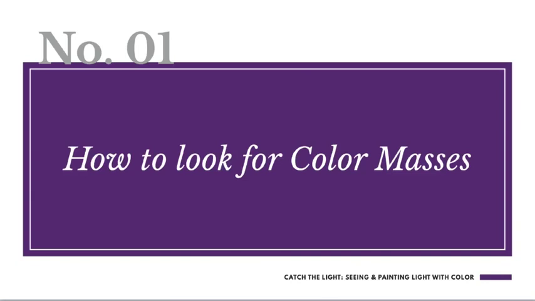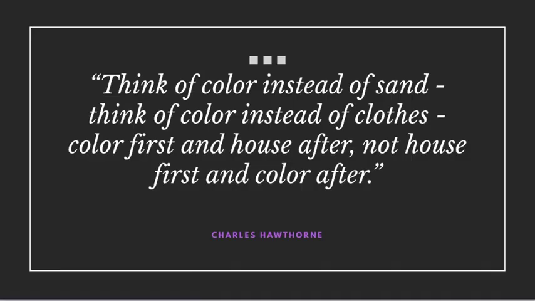Many of the cues and tips and tools to do this go back to the ones that we discussed in the introduction, learning how to see color. And I want to repeat that Hawthorne quote, "Think of color instead of sand. Think of color instead of clothes. Color first and house after. Not house first and color after."